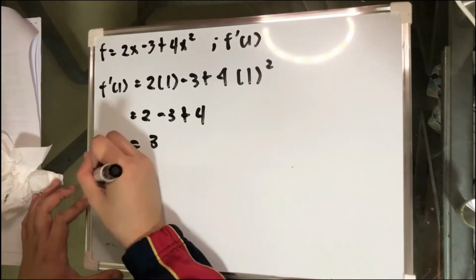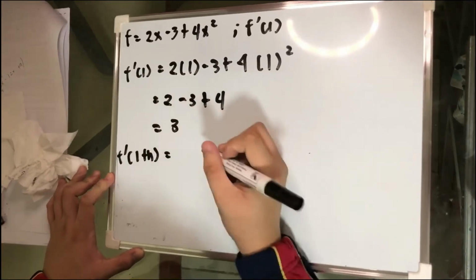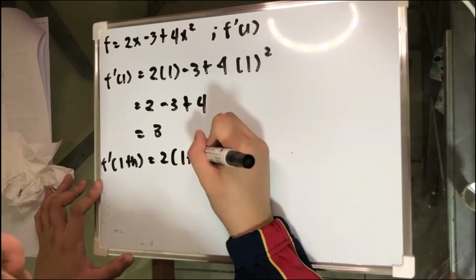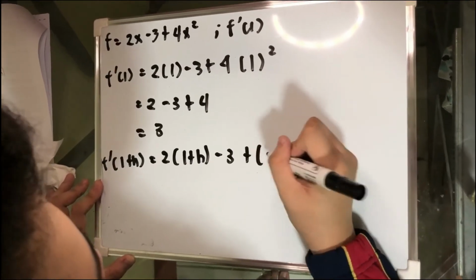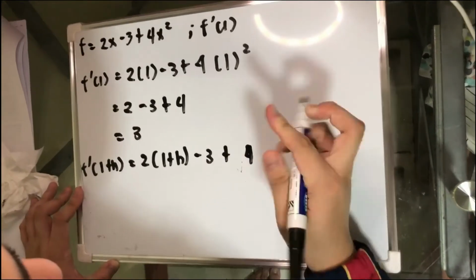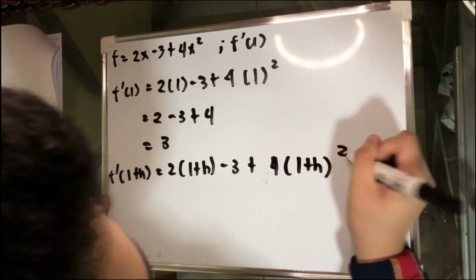Now let's solve for the f prime of 1 plus h. Substitute the value to the x: 2 times the quantity 1 plus h, minus 3, plus 4 times the quantity of 1 plus h squared.